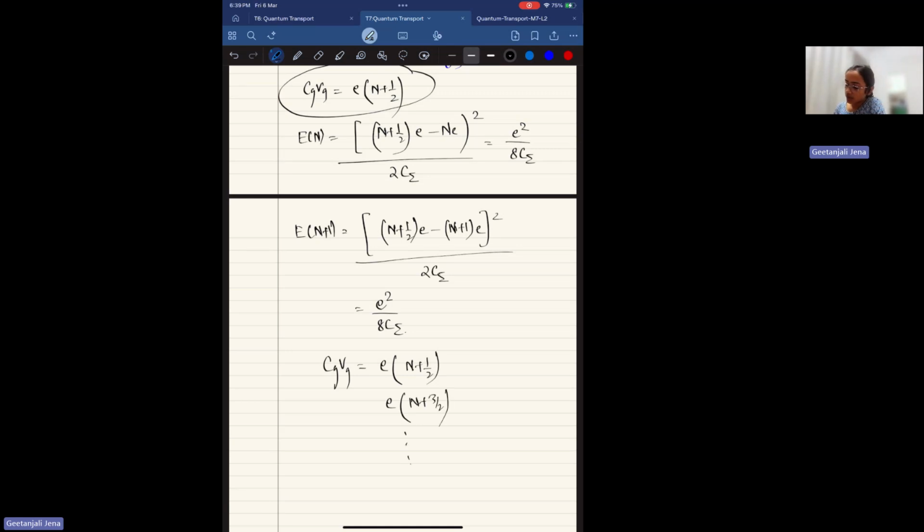So for this point, what will happen? The En and En plus 1 states have the same energy. So the energy uncertainty will now increase because the particle can be found in the n state and also in the n plus 1 state. Because of this, the tunneling to this conducting island will now increase.